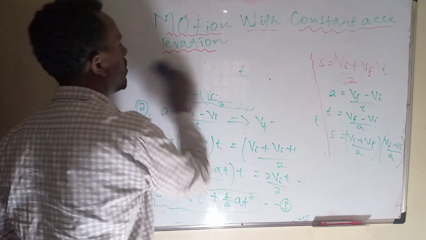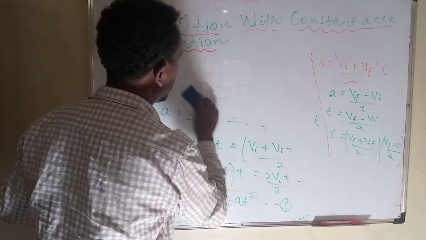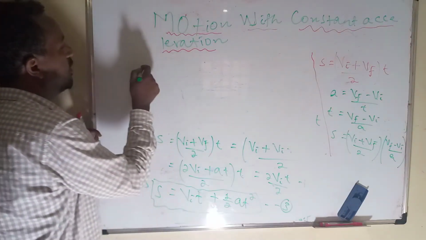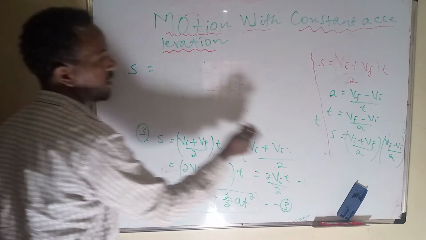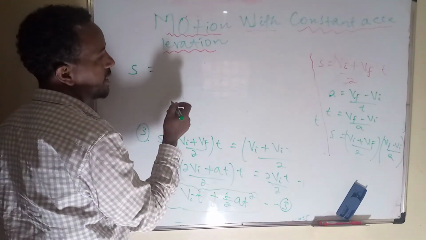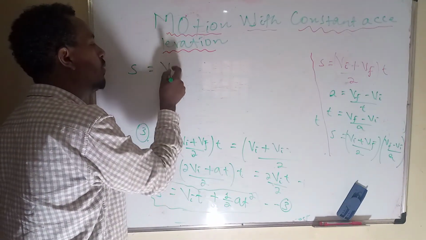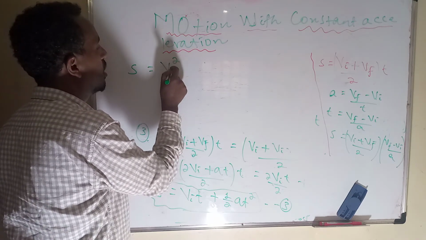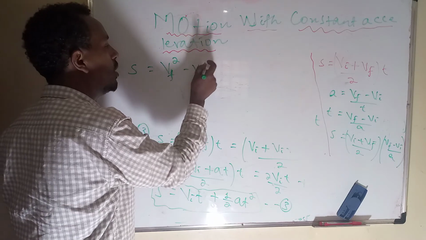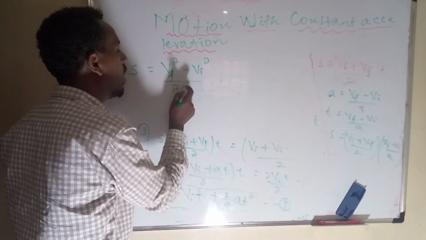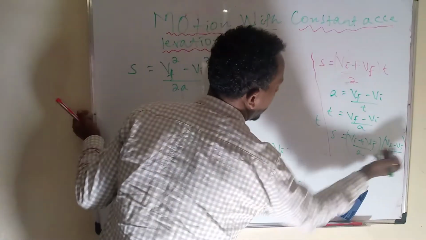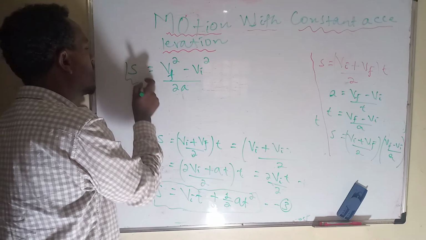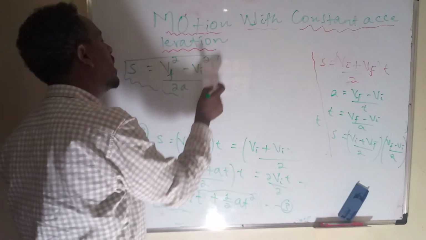Therefore, multiplying these two terms, s is equal to final velocity square minus initial velocity square over 2 times acceleration. This is the fourth fundamental kinematics equation.